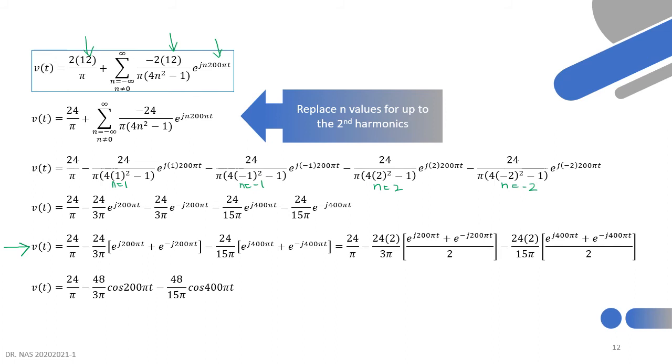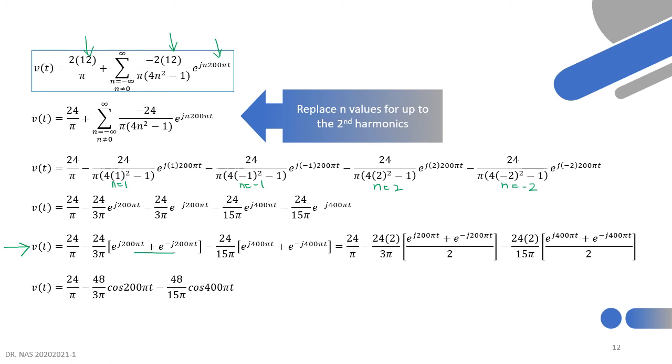So then you need to compare with Euler's equation. You need to have your equation in shape, either in cosine or sine shape. So for cosine shape, is e positive frequency plus e minus negative frequency divided by 2. Okay, so from your earlier equation, there's no division by 2.